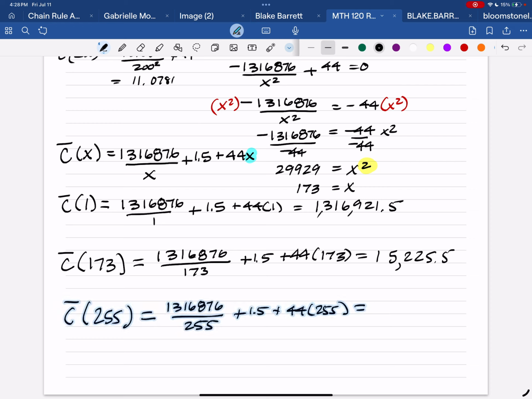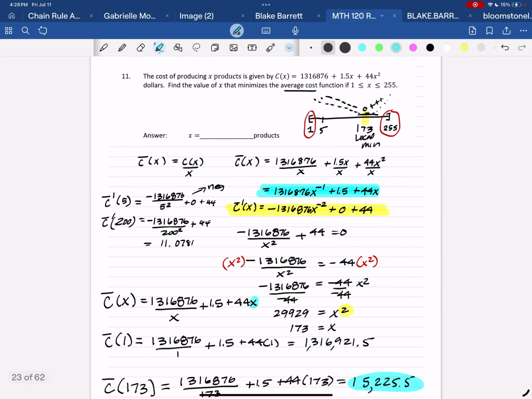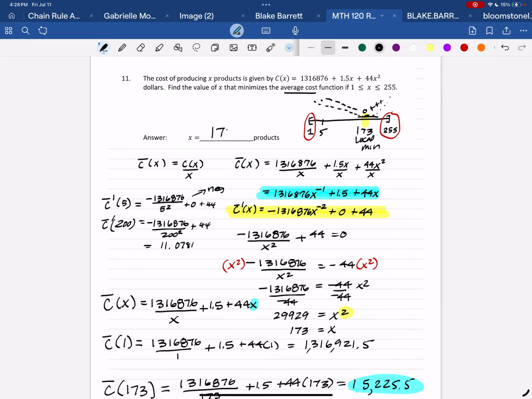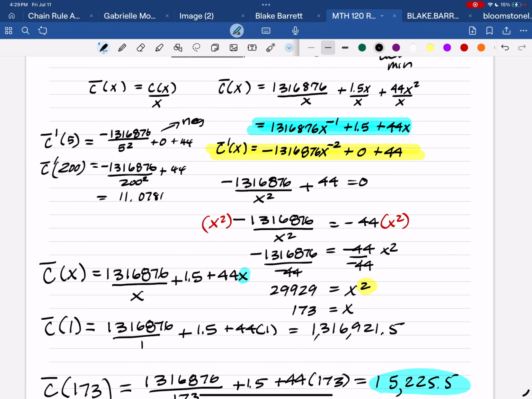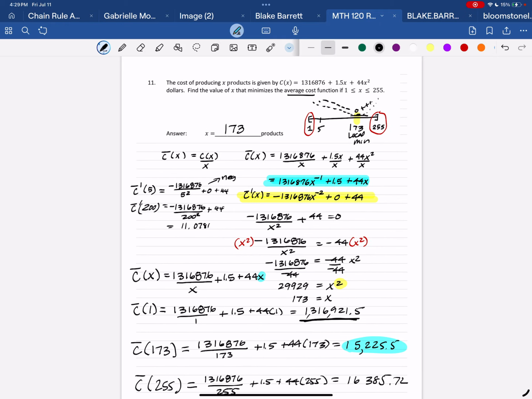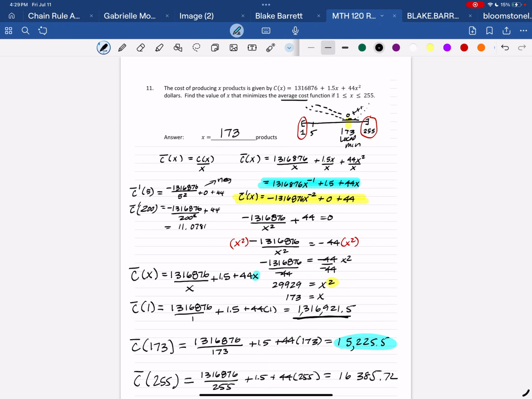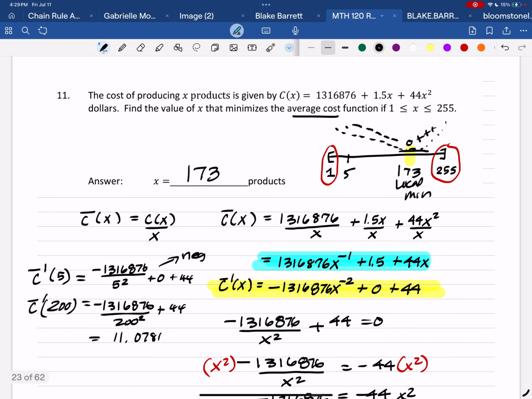And that's 16,385.72. So this is the smallest of the three, and that is for 173 products. Now, they don't ask us what the minimum average cost is. That's what this number we found is. But we had to check to make sure it was the smallest of the endpoints and the critical number. So 173 products is our answer.